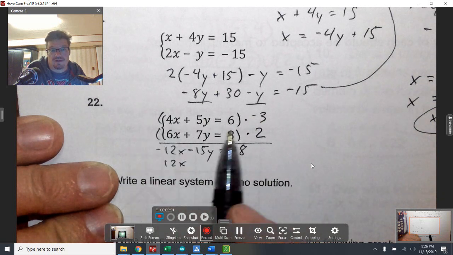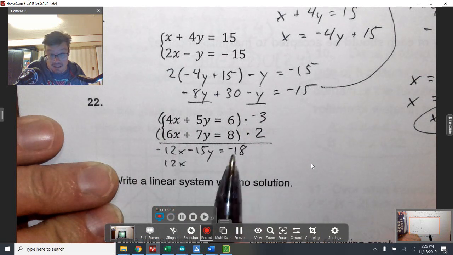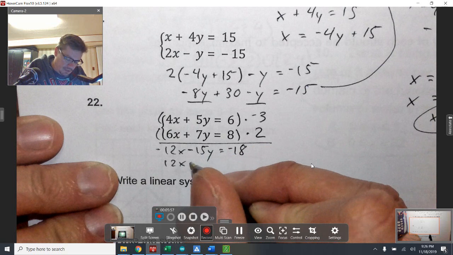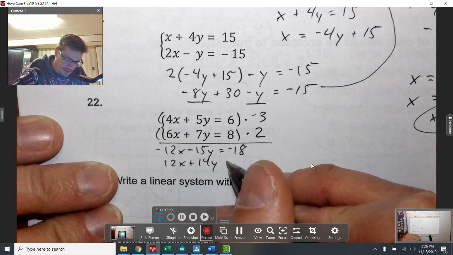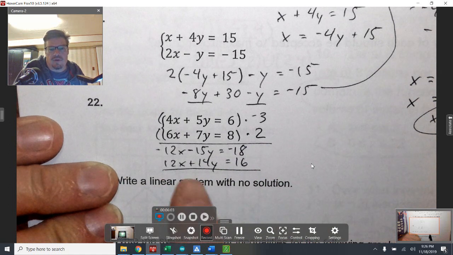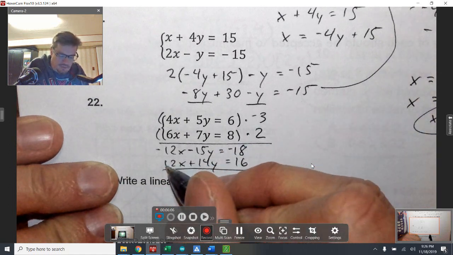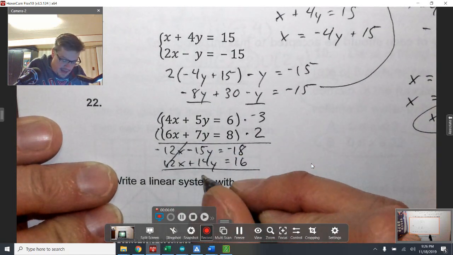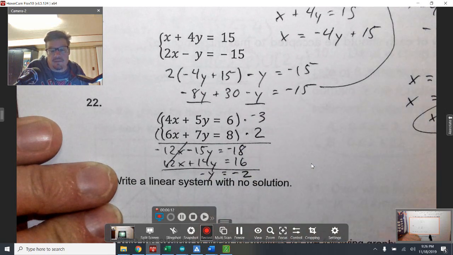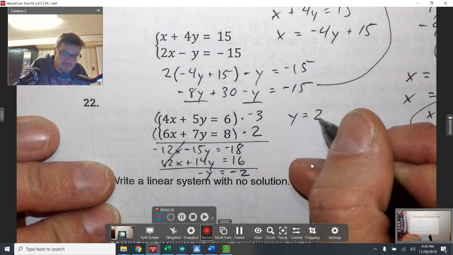That's why we put parentheses around the entire line, so that everything gets scaled up. Okay, 14 and 16. Kind of running out of room here, but you can see that this will cancel out. This will become negative y equals negative 2. If I divide both sides by negative 1, I will get y equals 2.